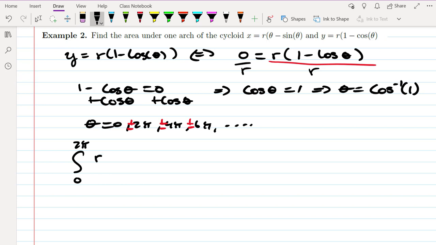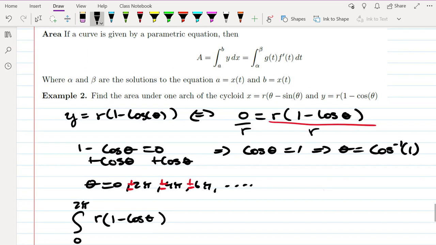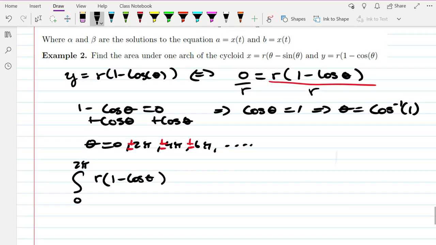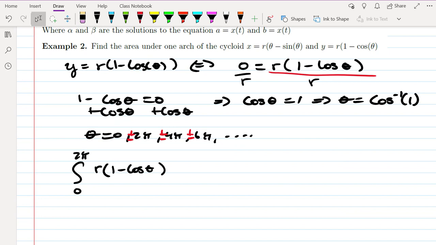So our y is r times 1 minus cosine theta times dx d theta, and our dx d theta is going to be, r is a constant, so we're going to have 1 minus the derivative of sine, which is cosine theta.